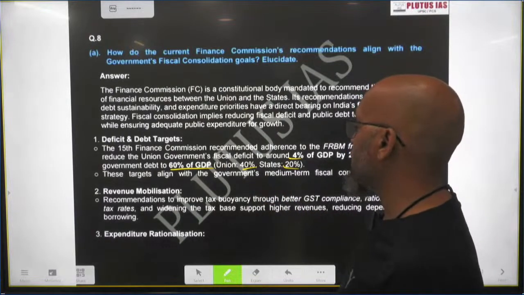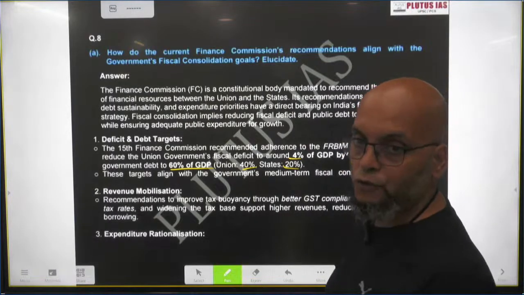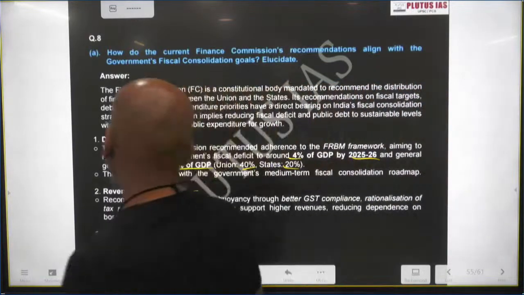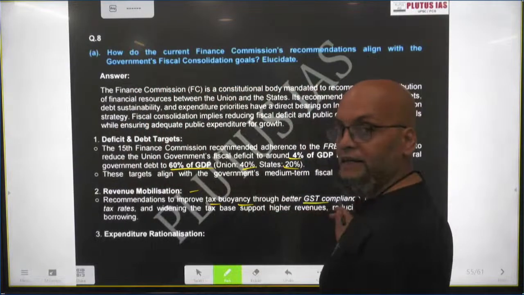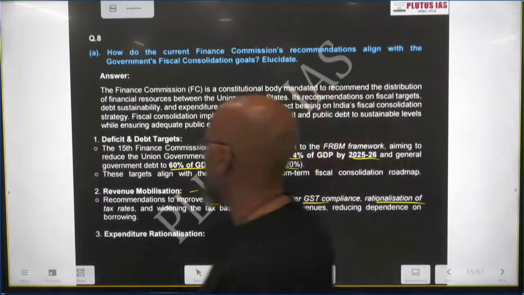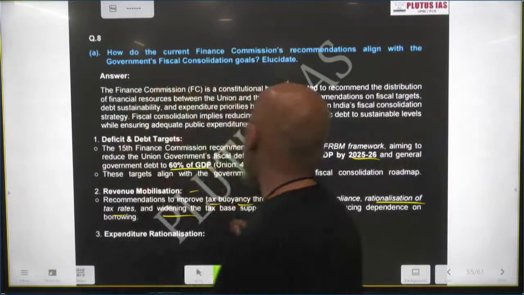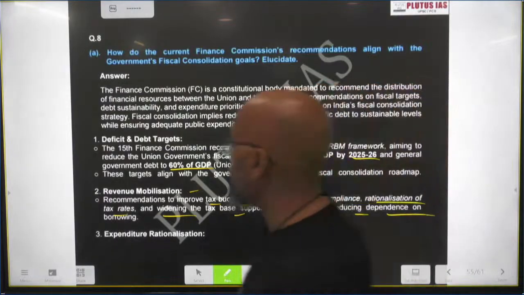These targets align with the government's medium-term fiscal consolidation roadmap. Revenue mobilization: recommendations to improve tax buoyancy through better GST compliance, rationalization of tax rates, and widening the tax base to support higher revenues, reducing dependence on borrowing.